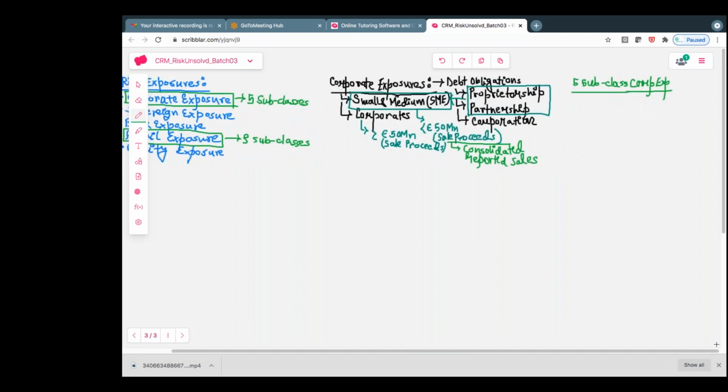So you have five subclasses of this corporate exposure. What are the five subclasses?